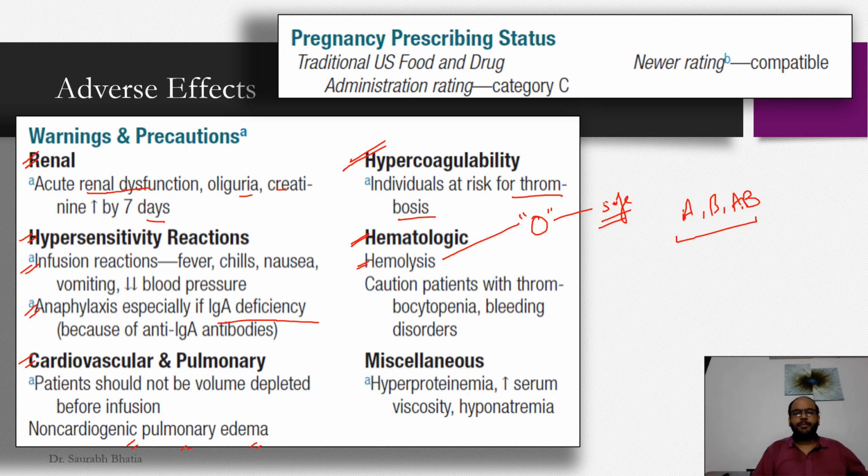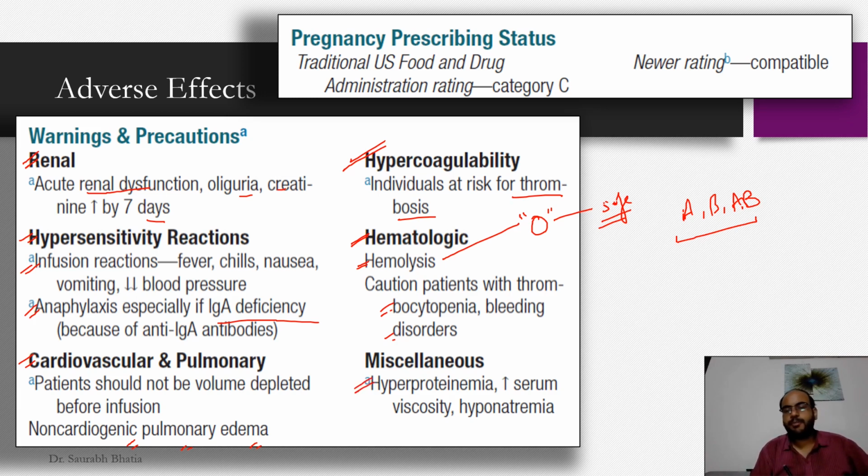So people with O group might be somewhat resistant to hemolysis, but hemolysis can happen in all patients. So be careful with that. If a patient has bleeding disorders or thrombocytopenia, you have to be a bit cautious because if the hemolysis sets in, it might be problematic.